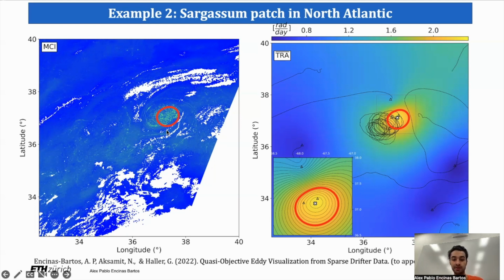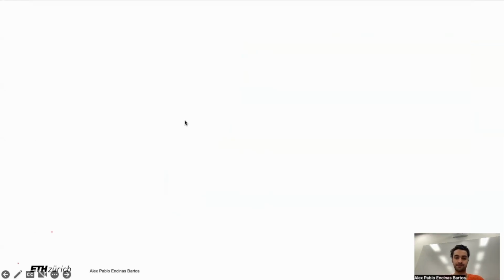So again, there is a pretty good agreement between the two. So overall, in the 2 examples, we independently verified the features we were getting from the TRA applied to drifters with other sources of data, whether it be satellite altimetry or snapshots of the chlorophyll distribution.